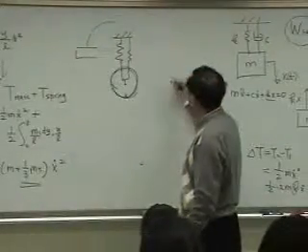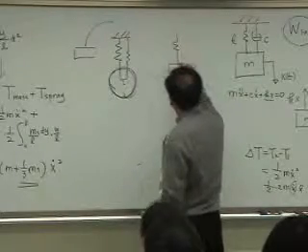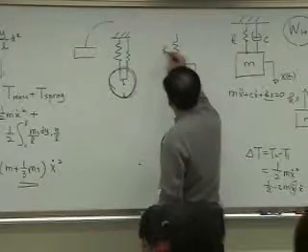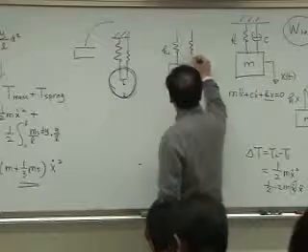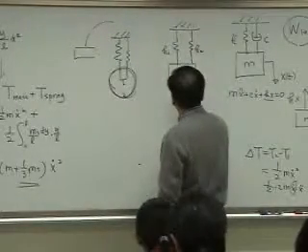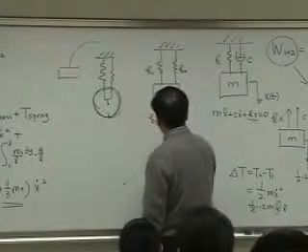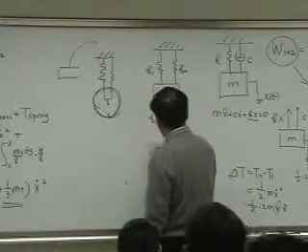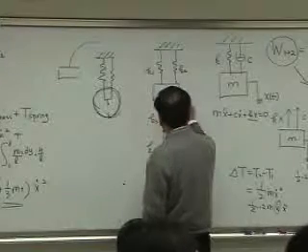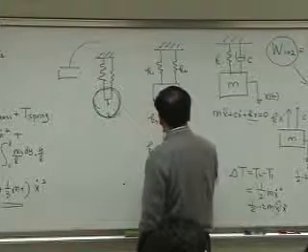And then you may think that I can model this as a mass, one spring, and another spring, and another spring, and that might connect to another spring.